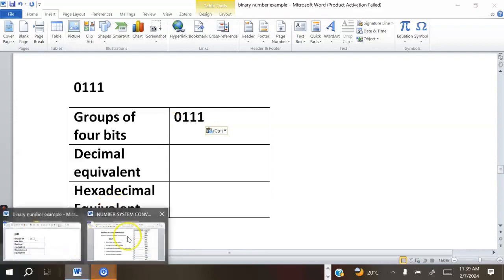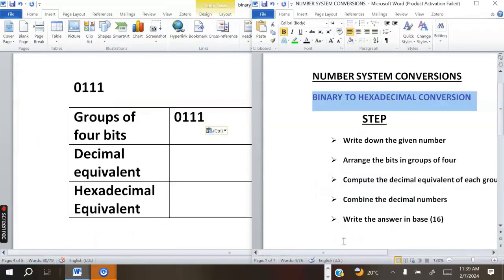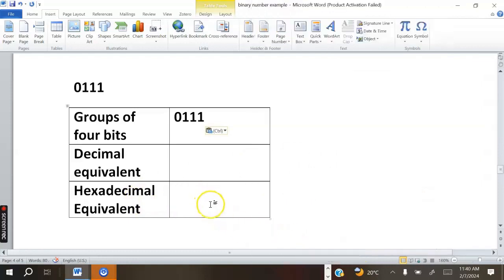Let's go directly so that you can have a comparison. We have 0, 1, 1, 1, which is equivalent to 7 for the hexadecimal. And 7 for the decimal is also 7.